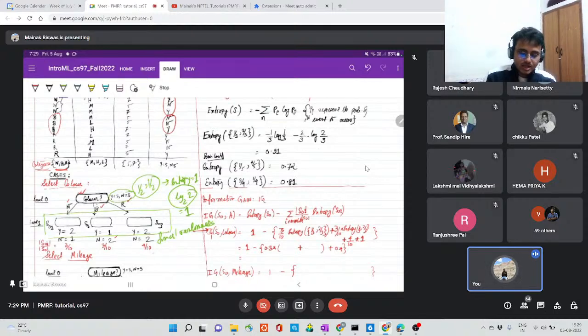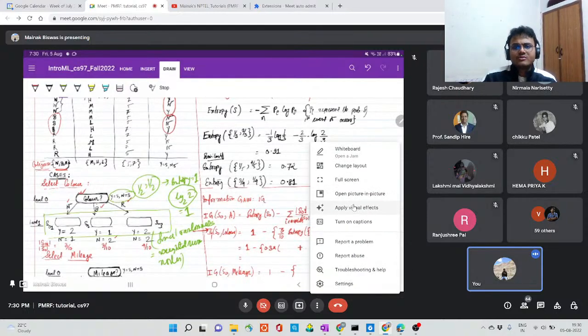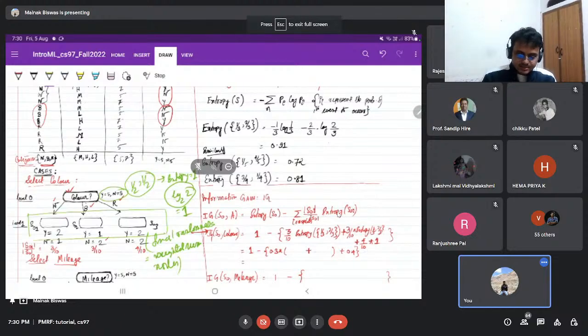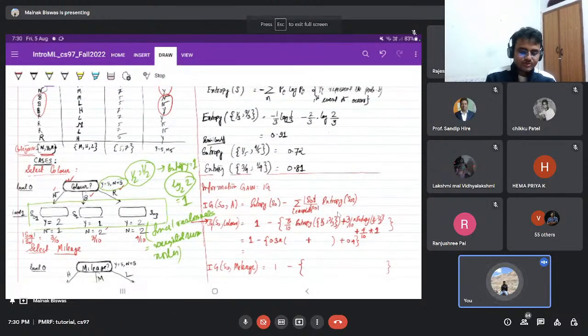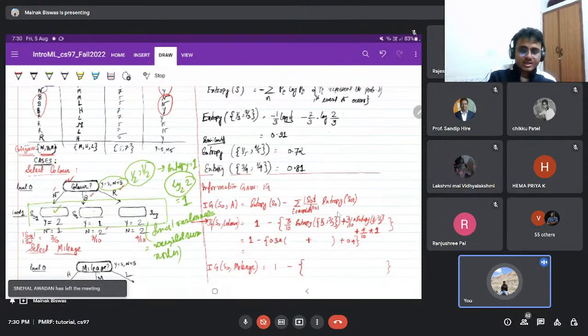Final randomness would be a weighted sum of all these nodes. In this case, you have three divisions. You split it into 3 nodes in case you select color as the feature. This will have a particular entropy, this will have a particular entropy, and this will have a particular entropy.